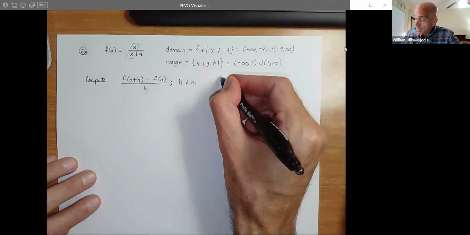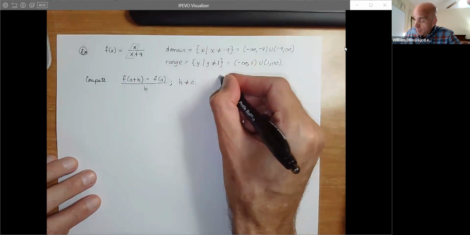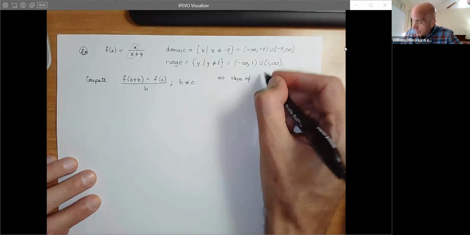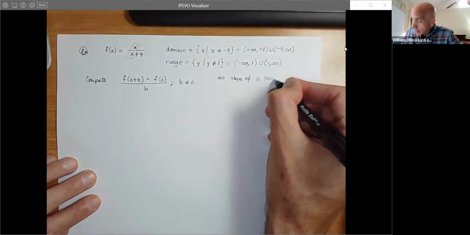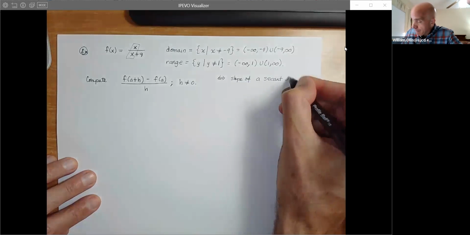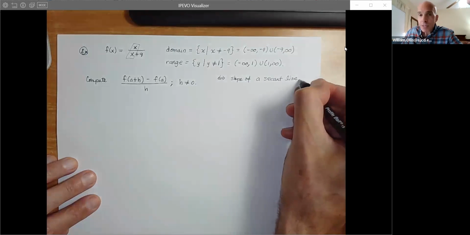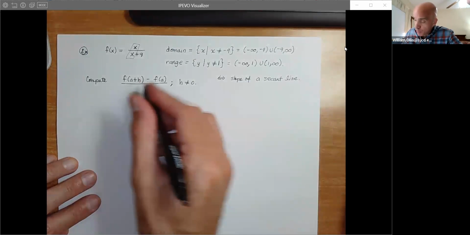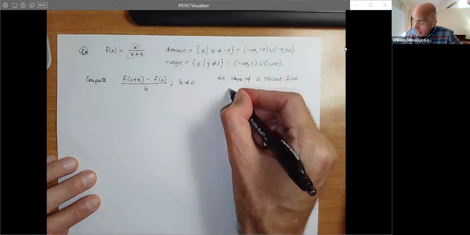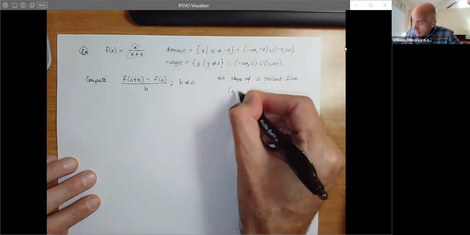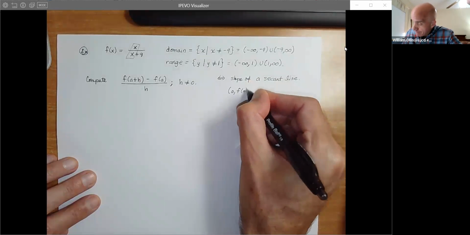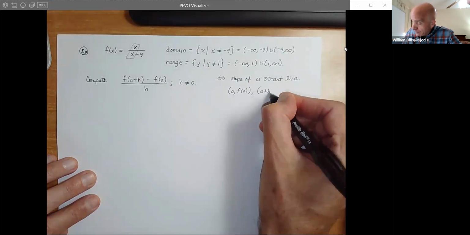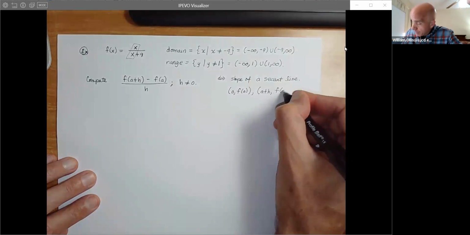So this corresponds to the slope of a secant line joining 2 points on the graph of a function. And those 2 points in this particular case will be (a, f of a) and (a plus h, f of a plus h).